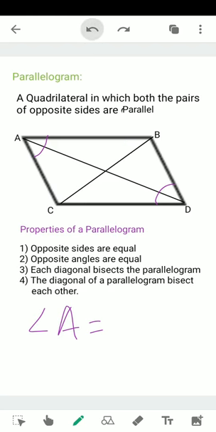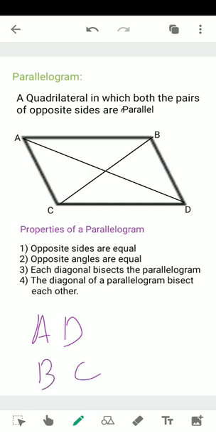Let us go to the third property, which reads: each diagonal bisects the parallelogram. I think most of you are familiar with what I mean by diagonal. In this case, the diagonals are AD and BC. AD will bisect the parallelogram. What I mean by bisecting is that the given diagonal will divide the entire parallelogram into two equal parts.